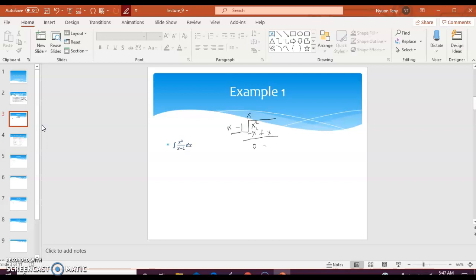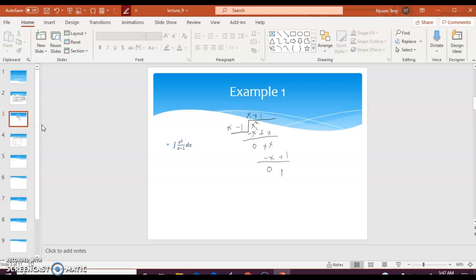I'm going to have 0 here plus x. x divided by x is equal to 1. 1 times x minus 1, I'm going to change the sign here, have 0, and then I'm going to have 1.